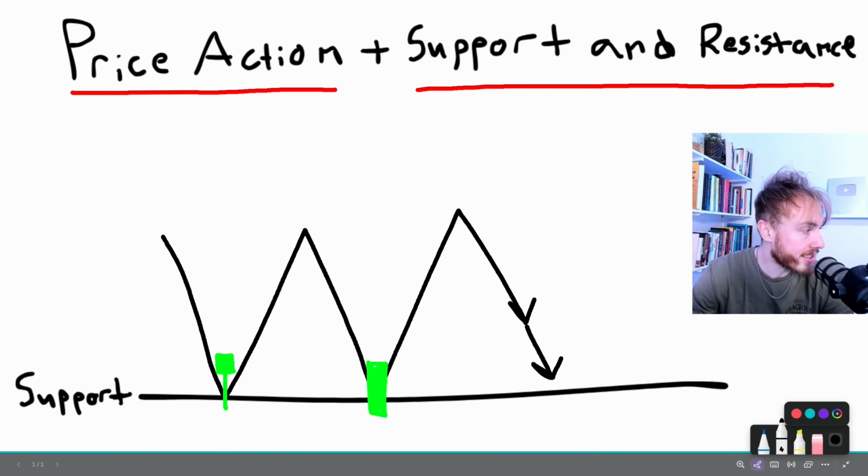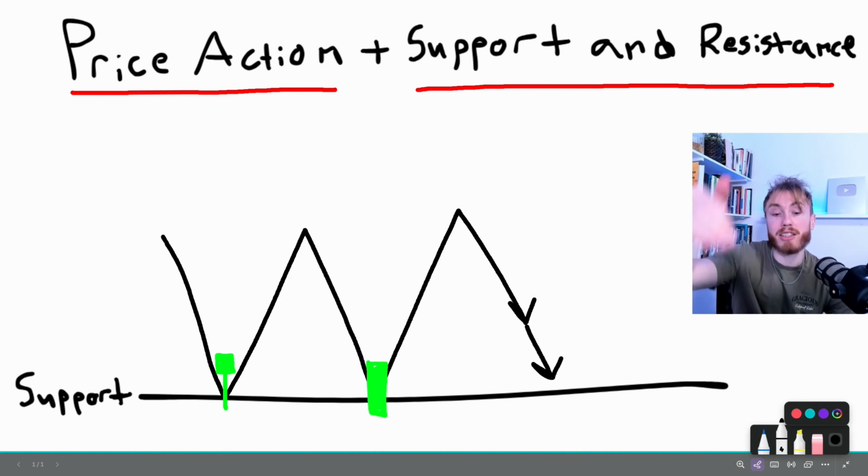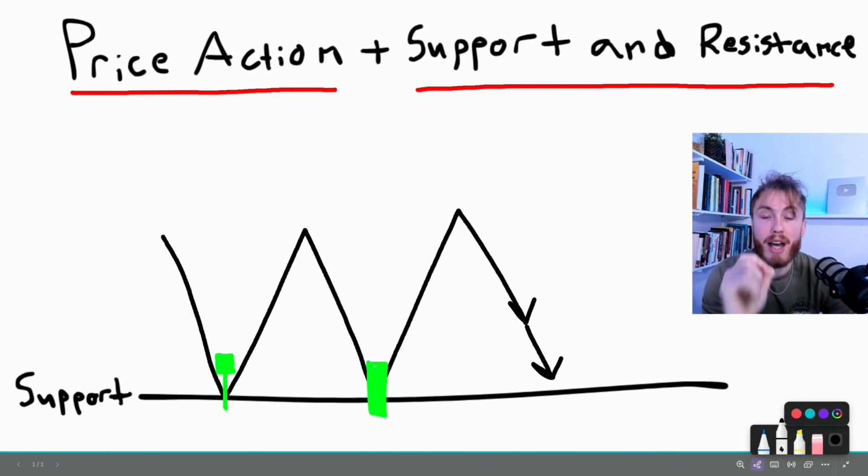But now, and this is even more important, when the price actually comes to this level, we need to analyze what happens to the price when we reach this level. Let's once again take an example from earlier in this course.